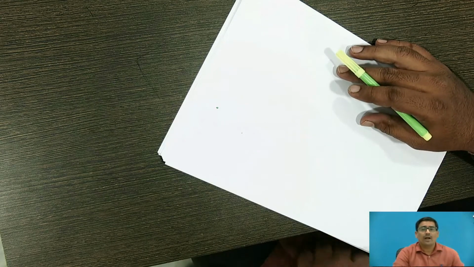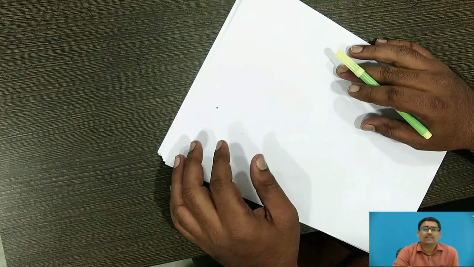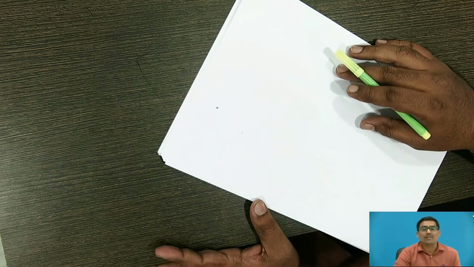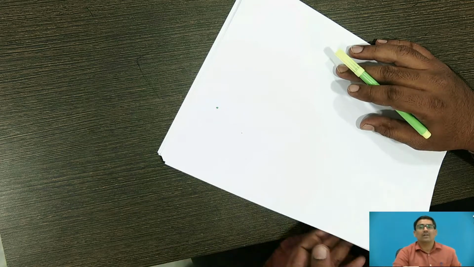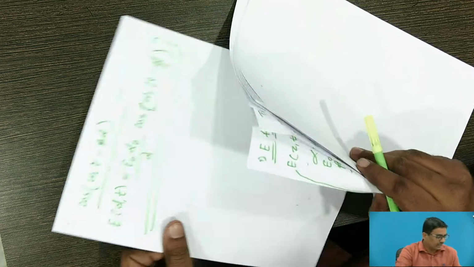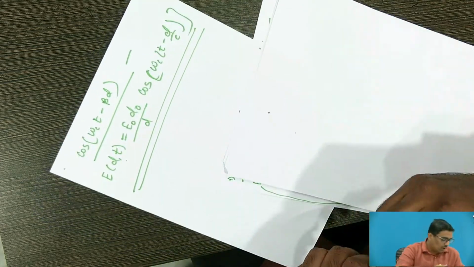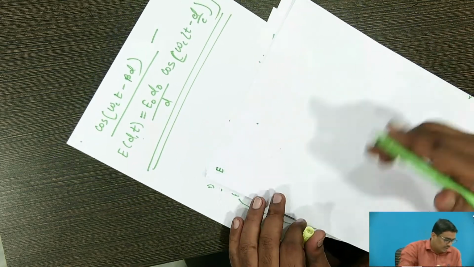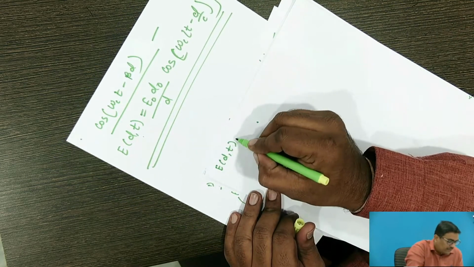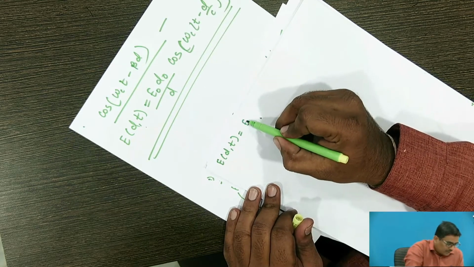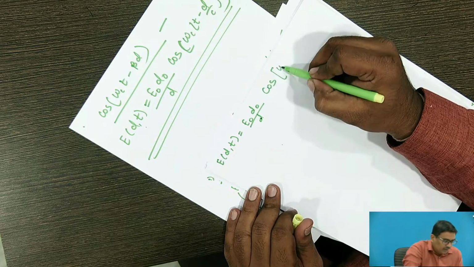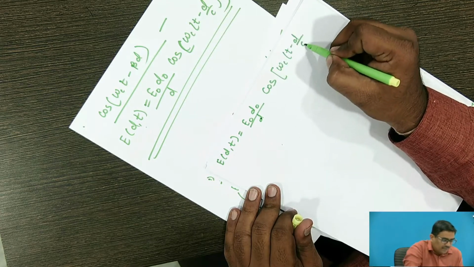Pause the video and try to recall the formula of the E field that we derived in the previous video. The E formula that we derived is E of d by dt, E of d by dt is equal to E0 d0 by d into cos of omega c t minus d by c.